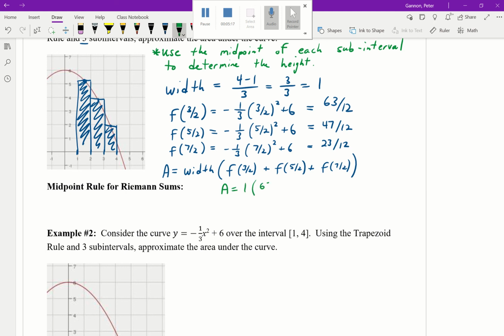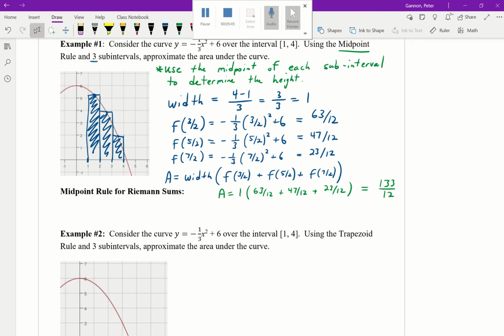F of 3 halves was 63 over 12 plus 47 over 12 plus 23 over 12. And if we combine those, we get 133 over 12. So the area under the curve of that function from 1 to 4 is approximately 133 over 12 units squared.